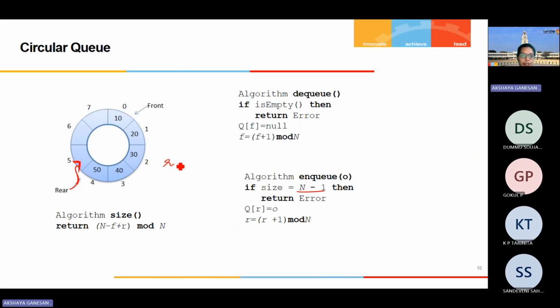So when R is equal to 5 and F is equal to 0, what will be the size value? Can anyone say? When F is equal to 0, R is equal to 5, it will be (8 minus 0 plus 5) mod 8. So size will be 3. Correct?